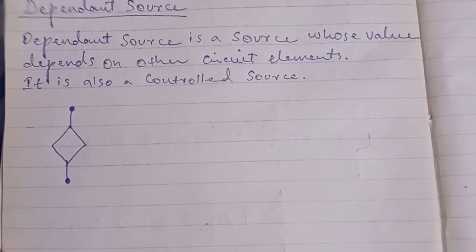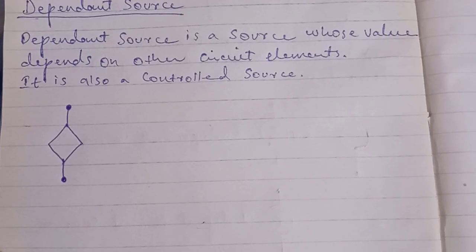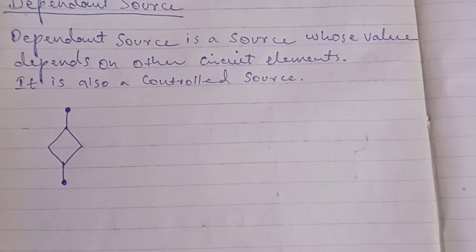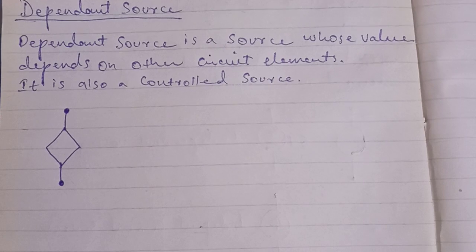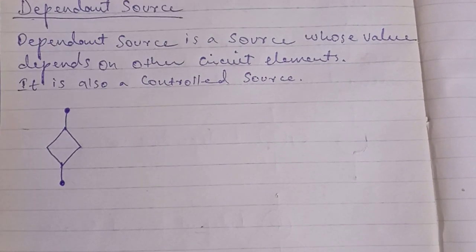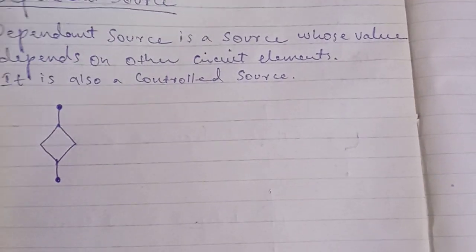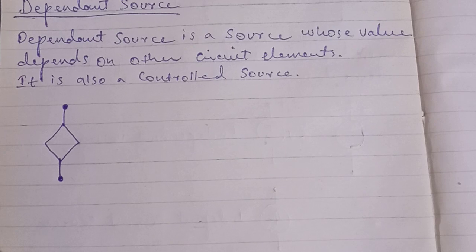So whenever you see the diamond shape in any circuit diagram, in lecture, in handouts, in books, you will understand that it's a symbol of dependent source.